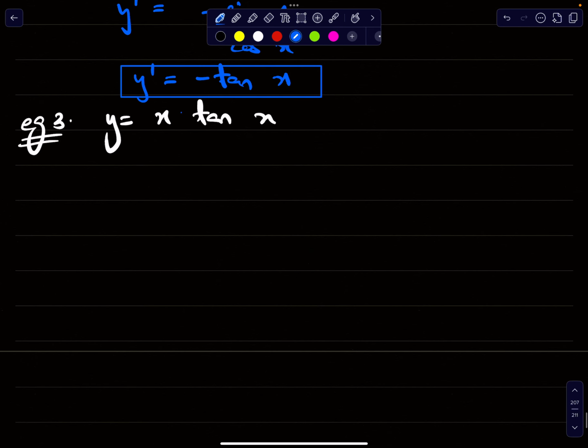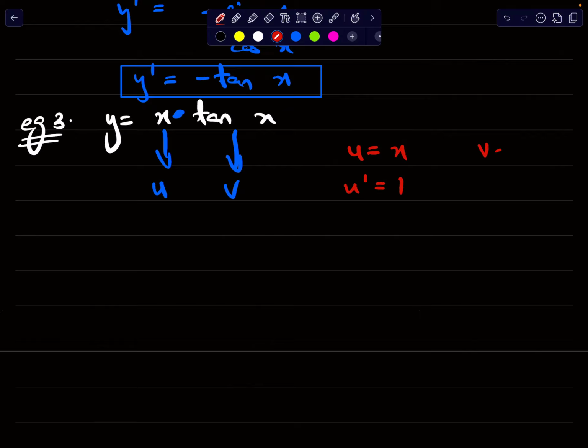Then we have two functions being multiplied. In this case, we'll apply the product rule. So x is considered as u and tan x is considered as v. Write these down separately. So u is equal to x and the differential of u is equal to 1. v is equal to tan x and the differential of v is equal to sec square x.